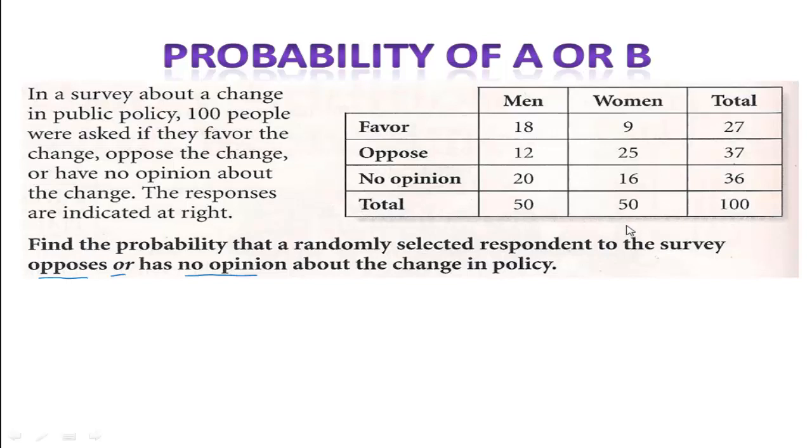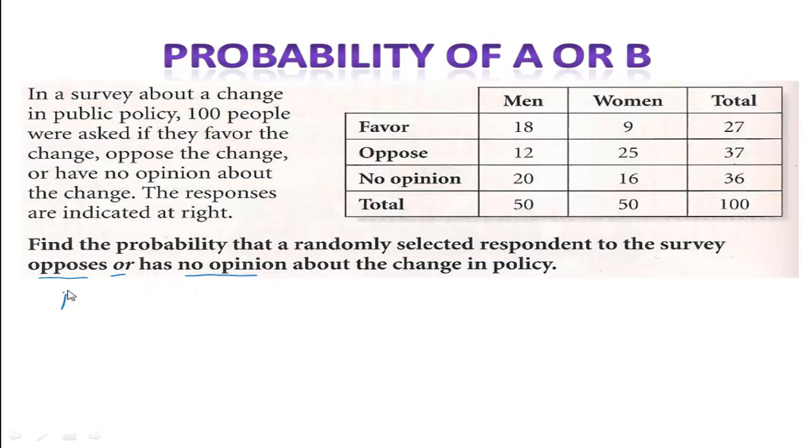They either favor the policy, oppose it, or have no opinion, but they cannot do two things or three things, right? They can't vote on all three, because then that doesn't make sense. You either favor it or oppose it or have no opinion. So these are mutually exclusive events.